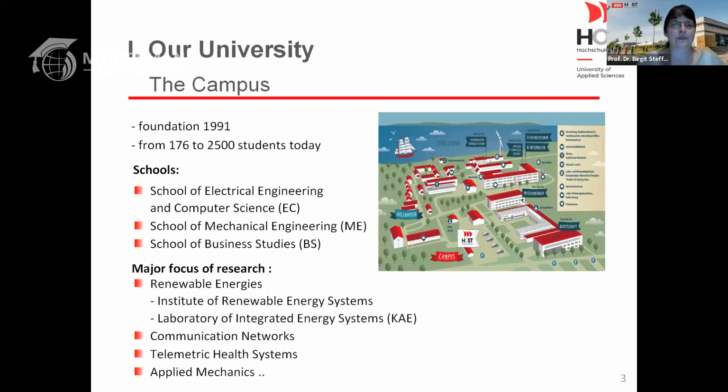We have 3 schools: the School of Electrical Engineering and Computer Science, that is my school, the School of Mechanical Engineering, and the School of Business Studies. The main research areas of our university are renewable energy, automation, communication networks, telematic health systems, and applied science.